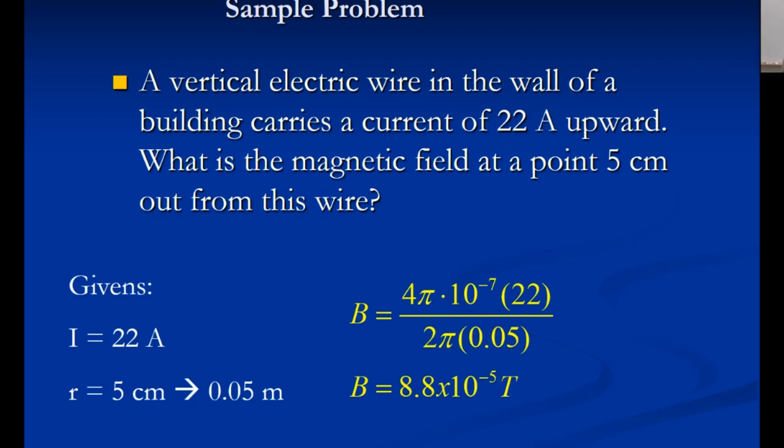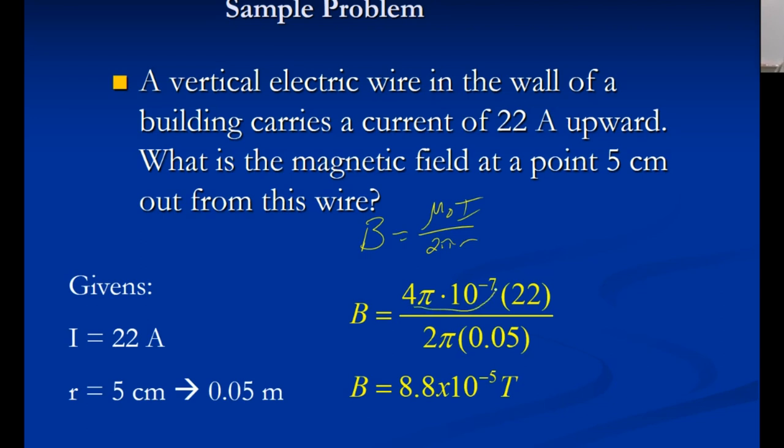So, sample problem: a vertical electric wire in the wall of a building carries a current of 22 amps upward. So here's my vertical electric wire, 22 amps upward. What is the magnetic field at a point that is 5 centimeters away from this wire? Because this is a vertical electric wire, I'm going to end up using that mu naught I over 2 pi r.